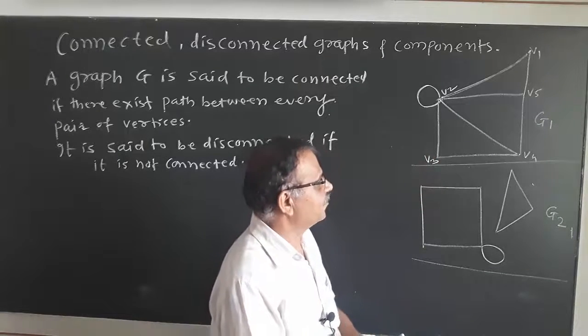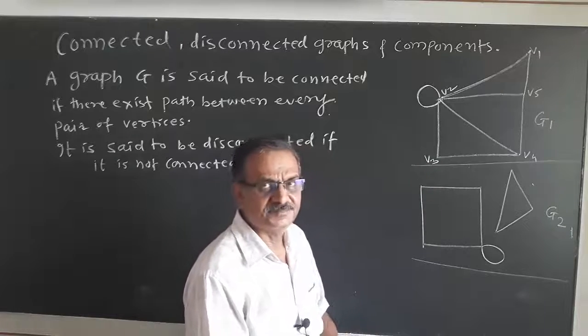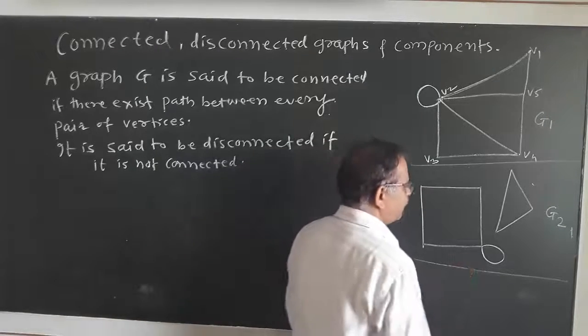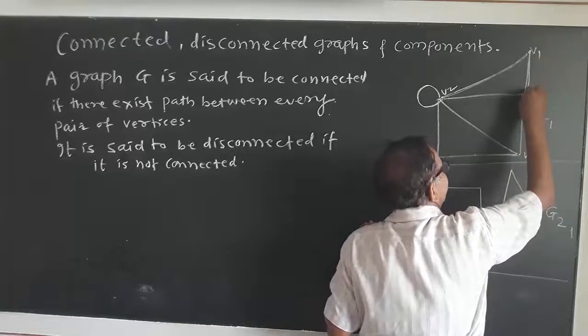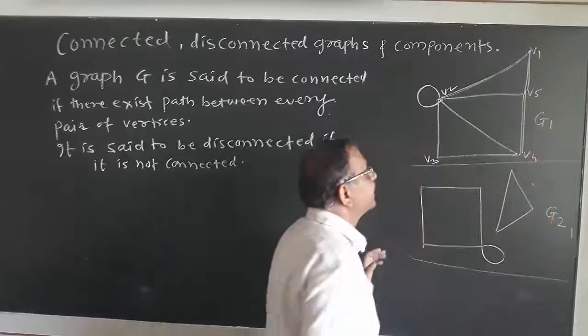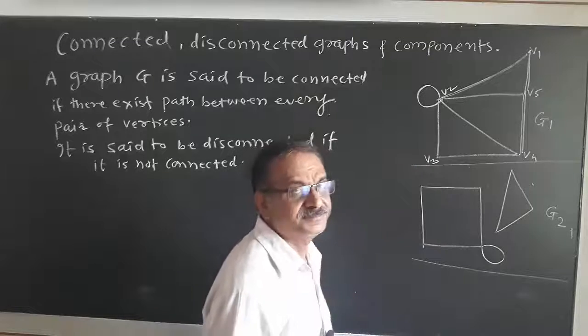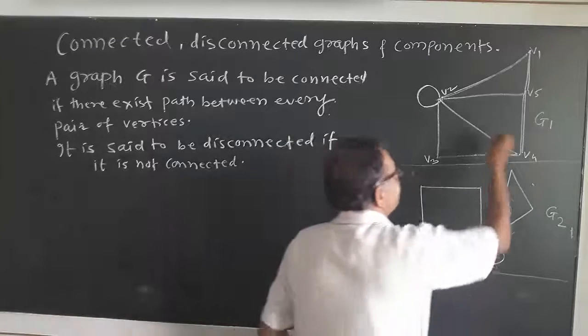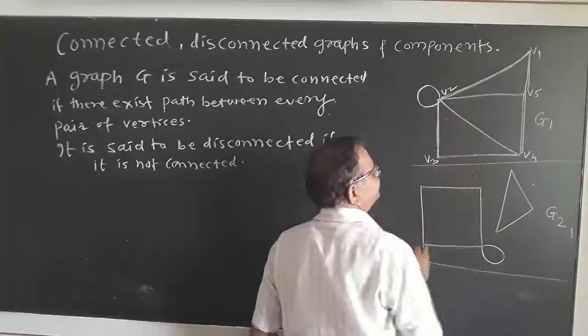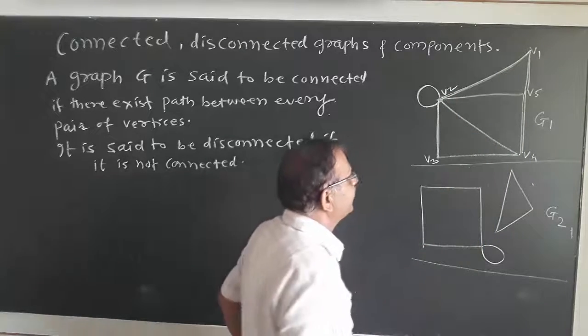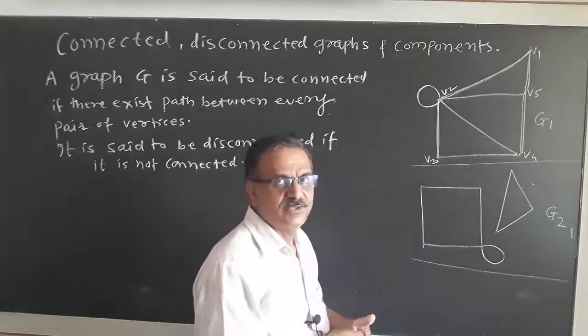If we consider V1, V4, what is the path between V1 and V4? The path between V1 and V4 is V1 to V5, V5 to V4. If we consider V1, V3, from V1 to V3 we can reach V1 to V2 and V2 to V3. In this way, there is a path between every pair of vertices.